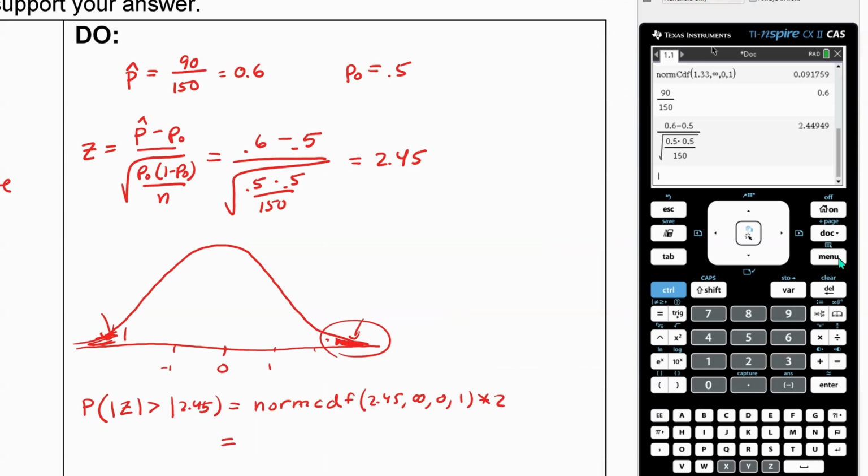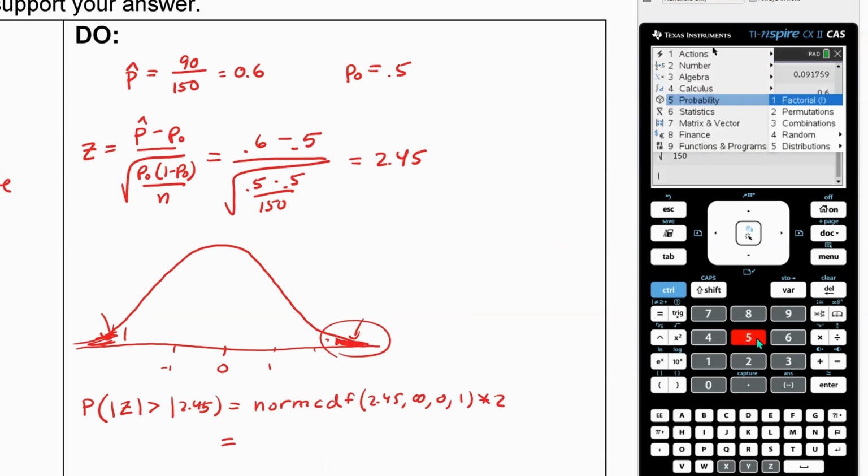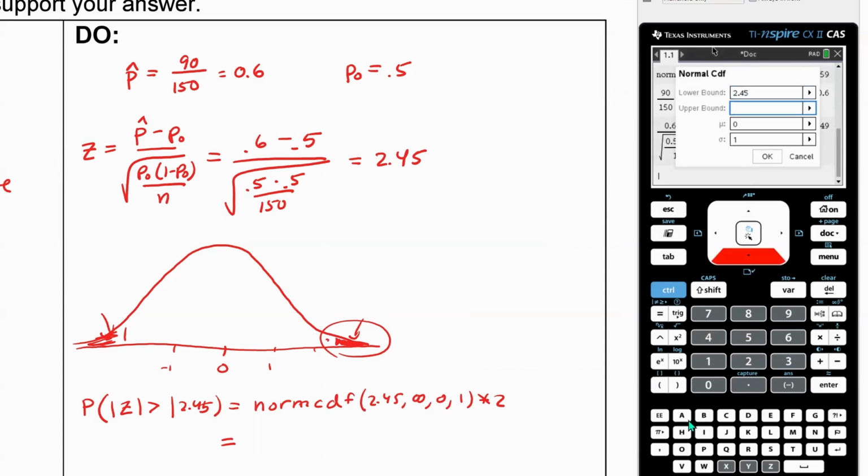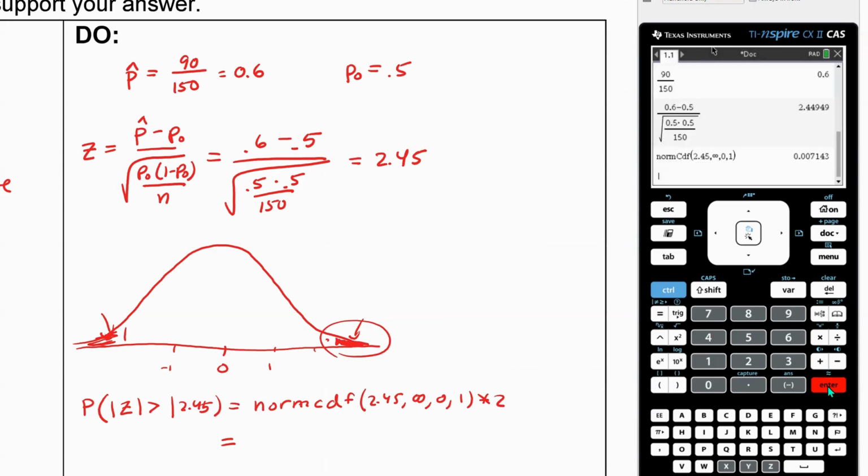So here we go. Menu, probability, distributions, norm CDF from 2.45 to infinity. And again, 0 and 1 are good.